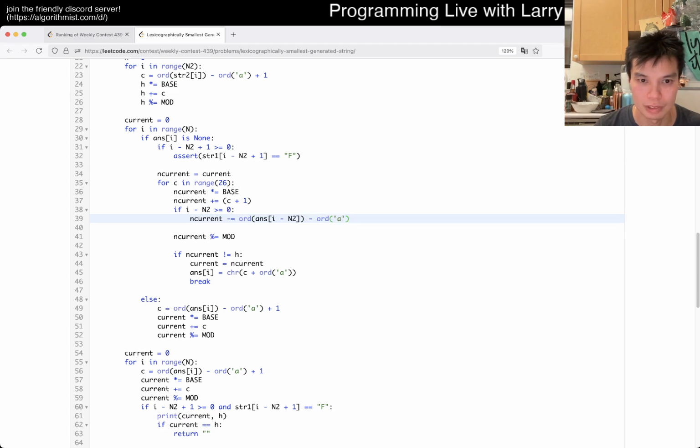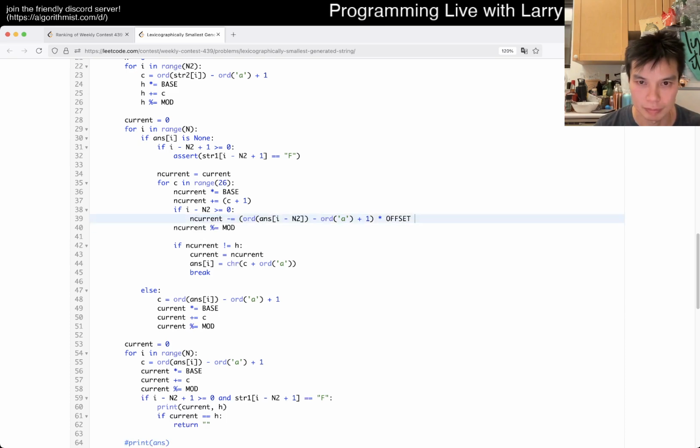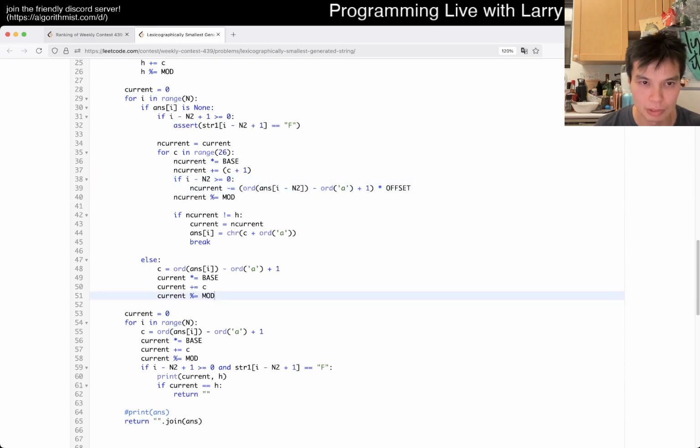I need to change all this, but it's fine. I'm too lazy to do it. It probably doesn't do anything, right? So it's this times offset, or plus 1 times offset. And we have to do it here too.